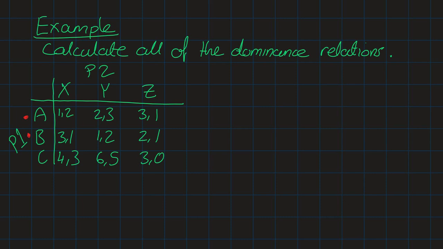Well, let's just consider this. I know that 3 is bigger than 1, but 2 is bigger than 1, and 3 is bigger than 2. So what does this mean? This means that sometimes it's better for player 1 to play B, and sometimes it's better for player 1 to play A. There's not one strategy which is always the best in all situations.